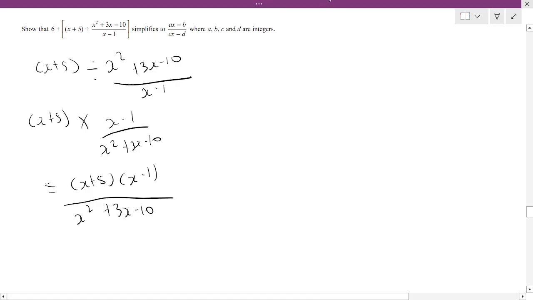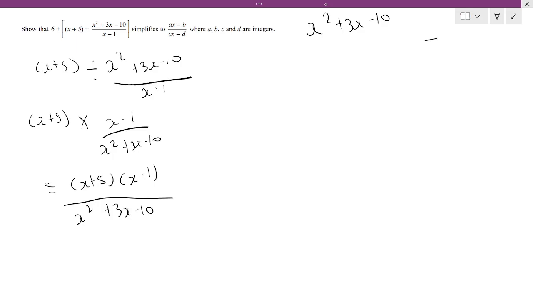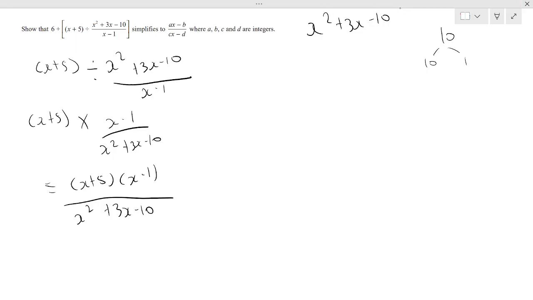Okay, so here, a little side note, x squared plus 3x minus 10. We need to see if that factorizes. Obviously, you can use calculators, but the way to do that is check the factors of minus 10. So 10 and 1, 2 and 5. And what we need to check is the factors that could add in some way to get 3. And I think this can.